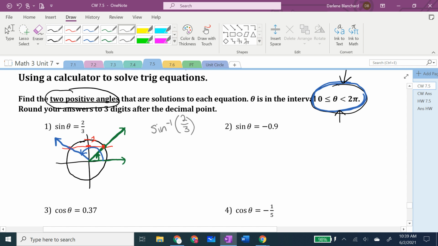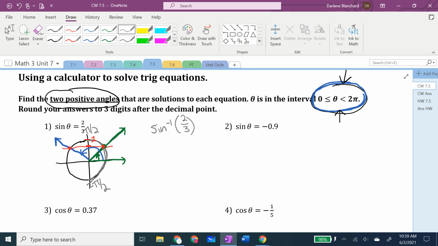Your calculator is going to give you an answer, but you need to understand that it will only give you one answer, and it will only give you an answer within the angle range of -pi/2 to +pi/2. So it's going to give you this angle right here. That's the one we're going to get an answer to from our calculator.